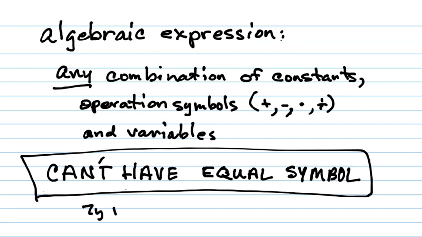All right? So, any combination. So, 7y plus 3x minus 4b times 11 divided by 45z. Who cares? Yes? Why are there 2 pluses? That last plus is a division symbol.